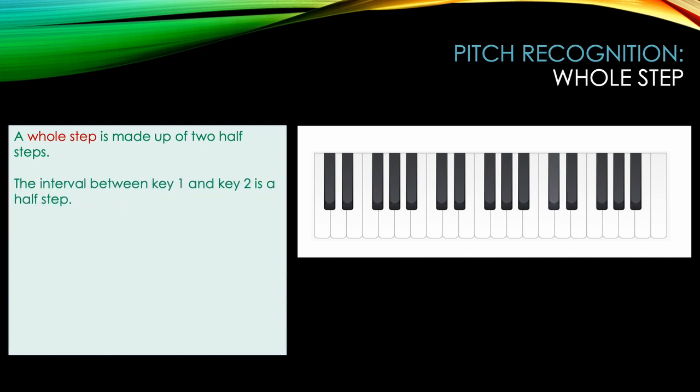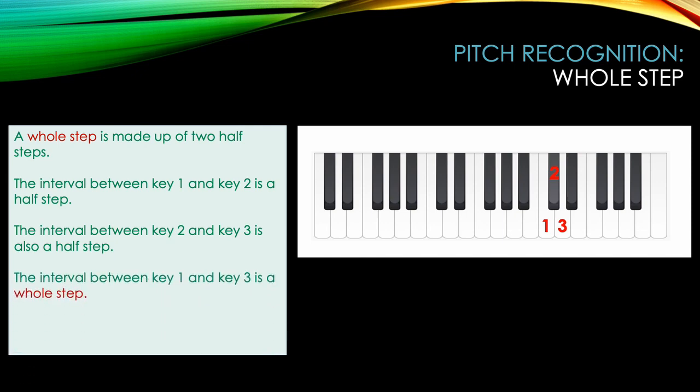The interval between key 1 and key 2 is a half step. The interval between key 2 and key 3 is also a half step. That means that the interval between key 1 and key 3 is a whole step.